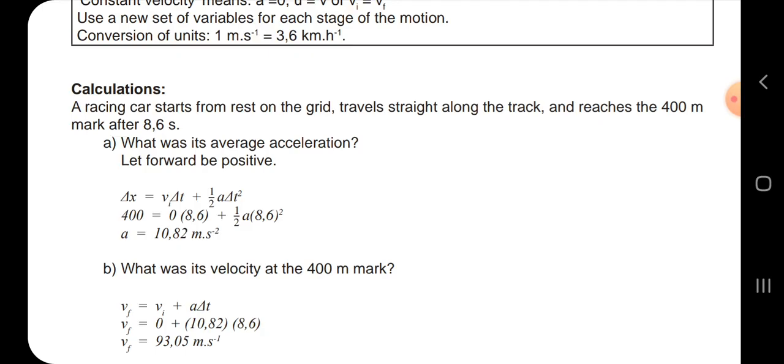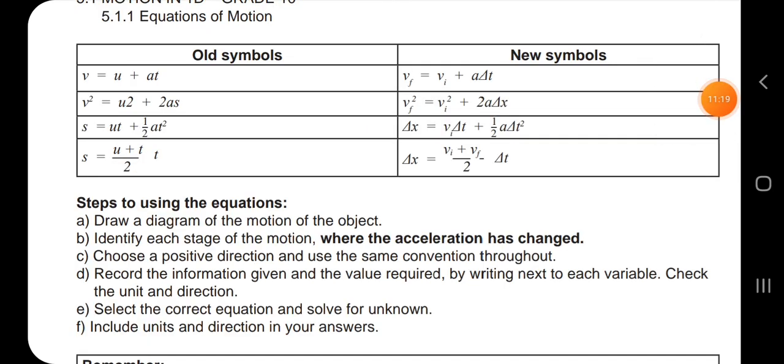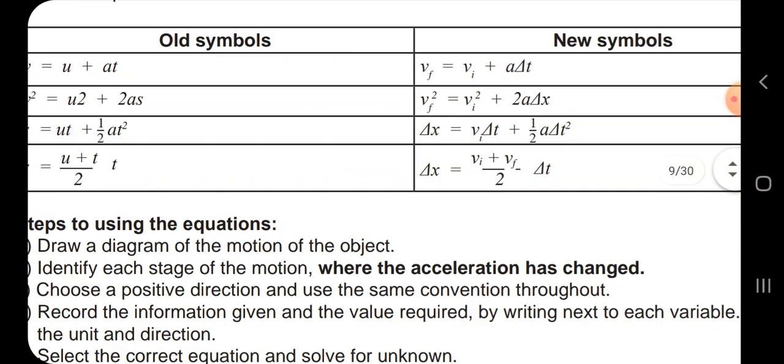Don't mind the averages and all that. You are looking for acceleration. So you go to your formula sheet and see how you can get acceleration from the information that you have. We only have initial and not final velocity. That's why in that question they used formula number 3, the one for change in x.